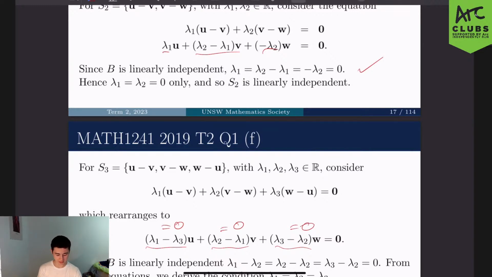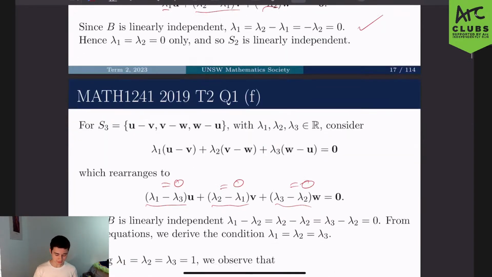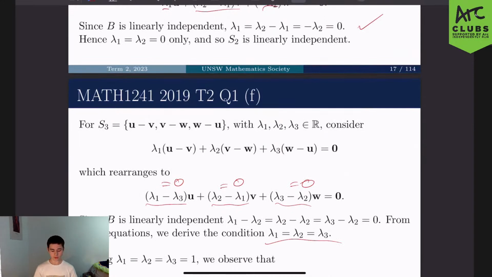If lambda 1 minus lambda 3 is 0, then lambda 1 equals lambda 3. Lambda 2 minus lambda 1 is 0, so lambda 2 equals lambda 1. Lambda 3 minus lambda 2 is 0, so lambda 3 equals lambda 2. Because we have all these equations, they fit nicely to give lambda 1 equals lambda 2 equals lambda 3. Note that this does not necessarily mean they are equal to 0.